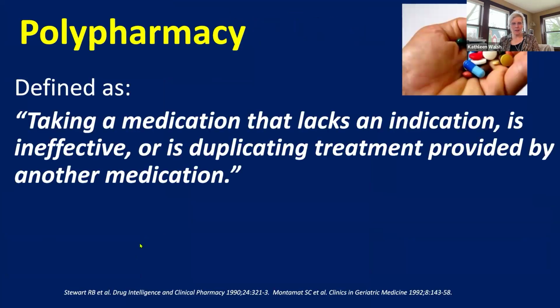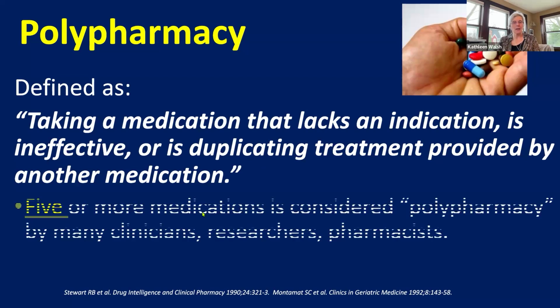Polypharmacy. This is one of the areas that I talk about a lot, give quite a few talks on this, trying to de-prescribe patients. The definition of polypharmacy: a lot of your patients will have this, and some of you listening to this talk have this. Think about it. Taking a medication that lacks an indication, is ineffective, or duplicates treatment provided by another medication. Next one.